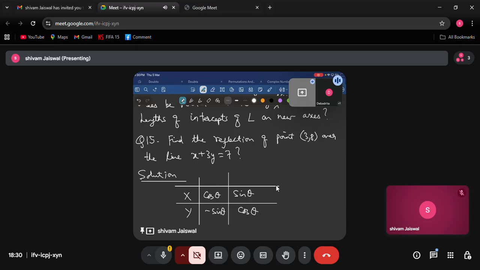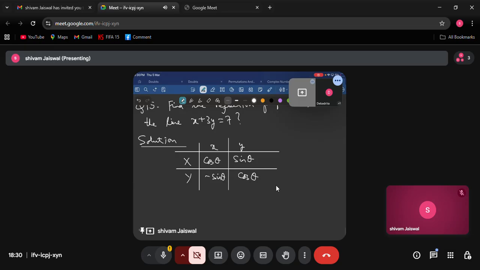Capital X, capital Y, small x, small y. Okay. So x will be equal to X cos 45 degree minus Y sin 45 degree, and y will be equal to X sin 45 degree plus Y cos 45 degree.